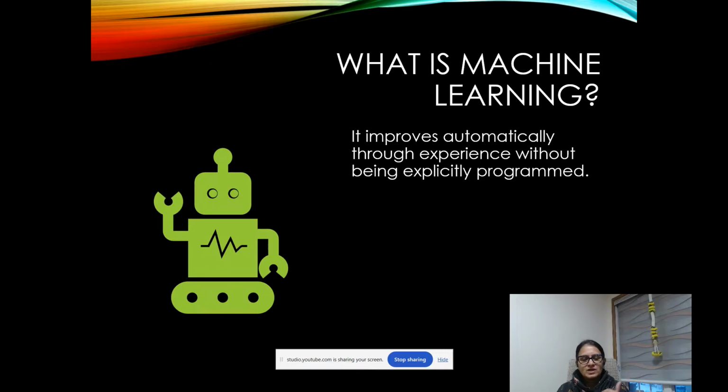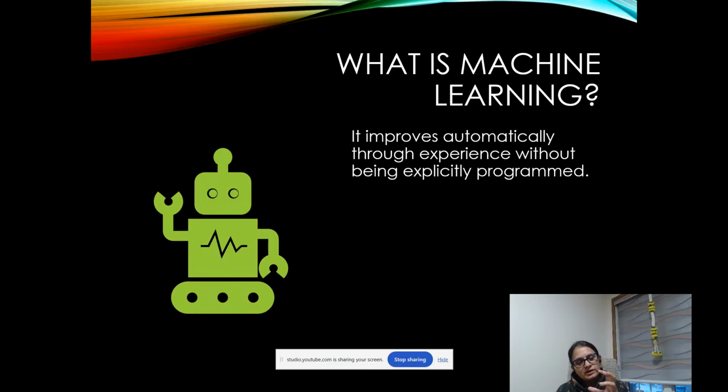Okay, so let's start. You can see on the screen here is what is machine learning. You can see the definition: it improves automatically through experience without being explicitly programmed. You need to focus on explicitly programmed. This is the most important keyword in the definition of machine learning.